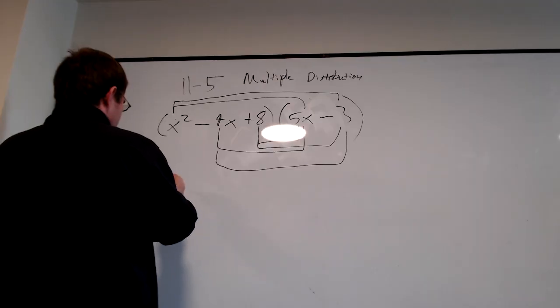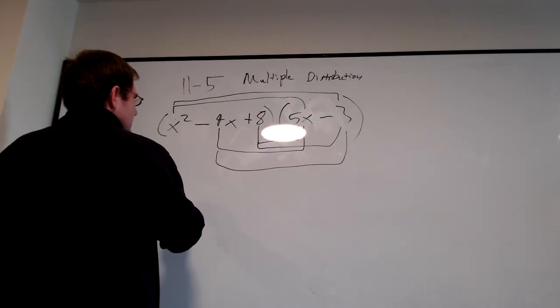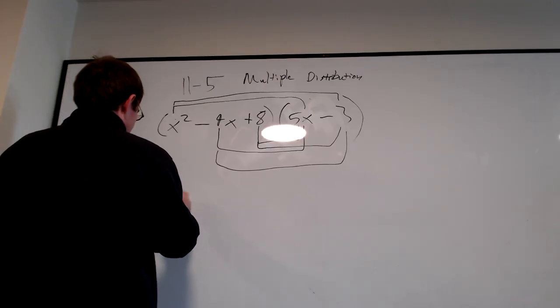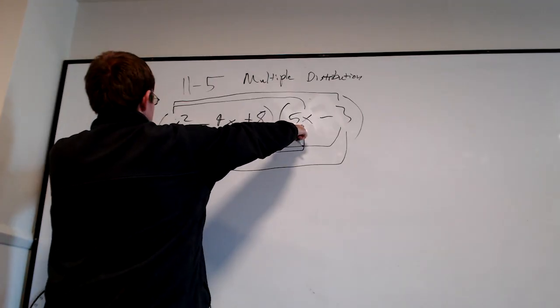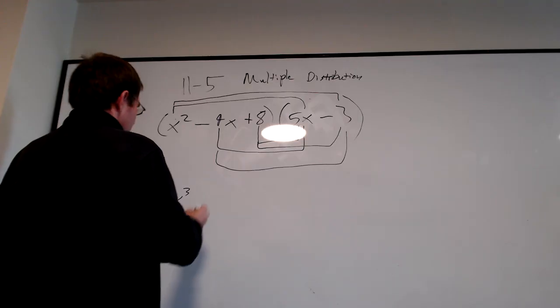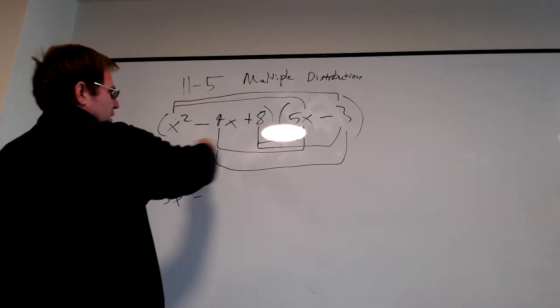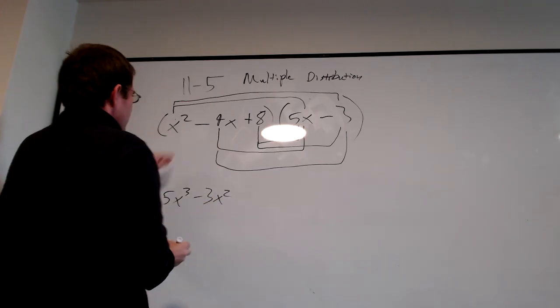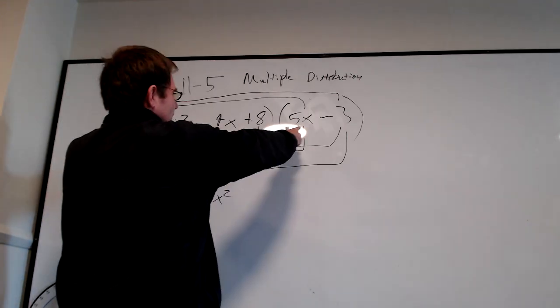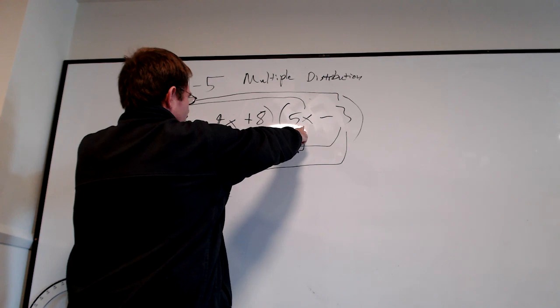So for our first one, we would have 5x to the third, right? X squared times 5x to the third, minus 3x squared. Okay, then we're going to have minus 4x times 5x. What does that equal?